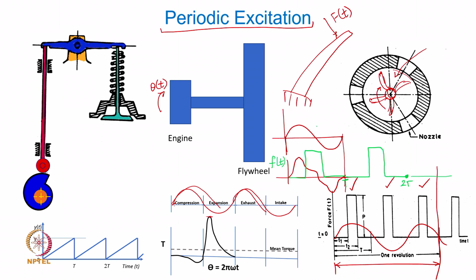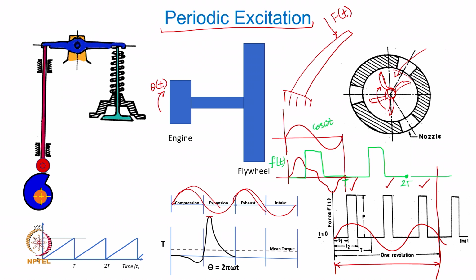But it does not follow a harmonic function of time, it is different than that. So, here we now have to explore how we evaluate the vibratory response to such a periodic excitation where there is a definite period of repetition.